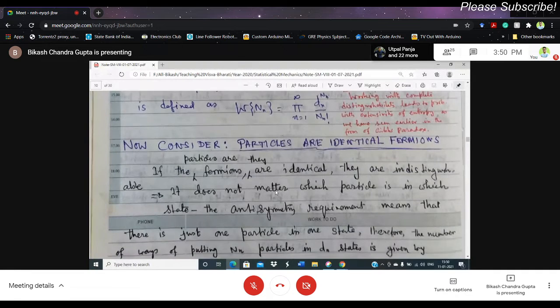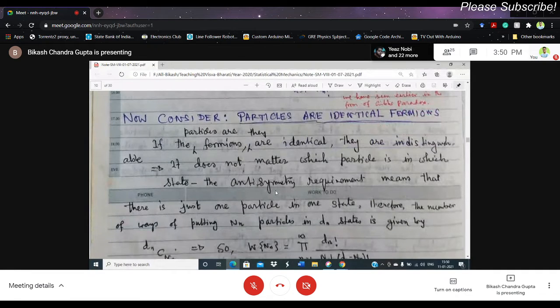Now consider particles that are identical fermions. As I said, there are three cases. The first case is the distinguishable case that we have already mentioned. Now we consider the particles which are identical fermions. Of course, it is different in the following sense. If the particles are fermions, they are identical, they are indistinguishable. It does not matter which particle is in which state.